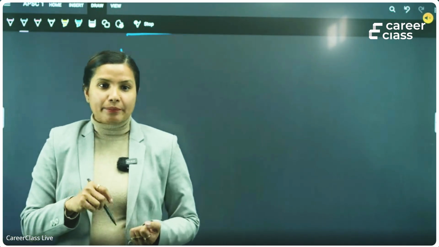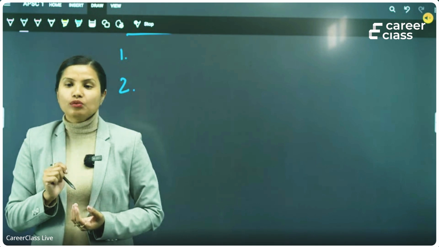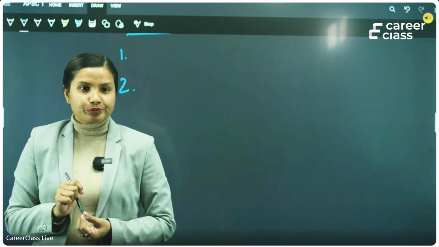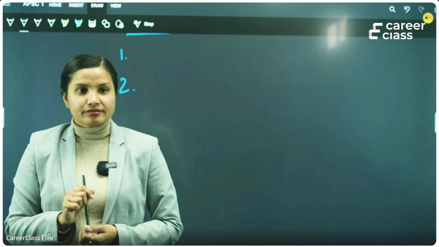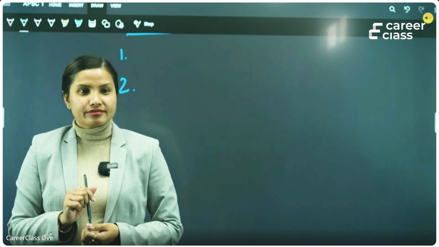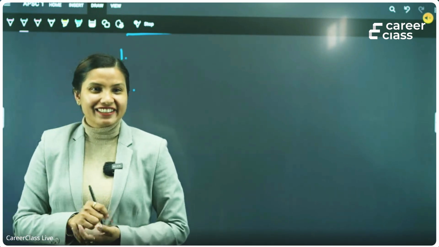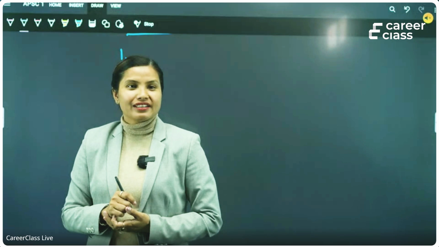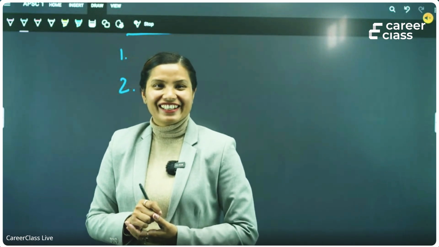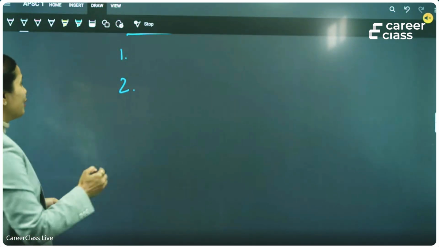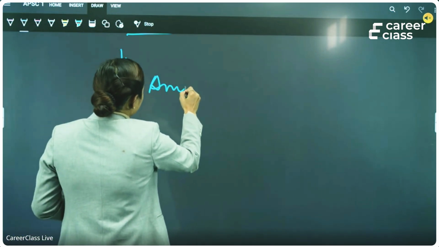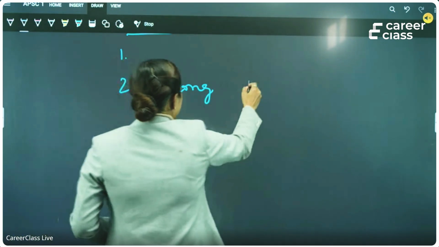Can you give us an example, Shatabdi, with the word among? You can also raise hands. Yeah. Aditya is the only boy among all of us. Among all of us, yes. Amongst and among. Again, what is the difference between among and amongst?